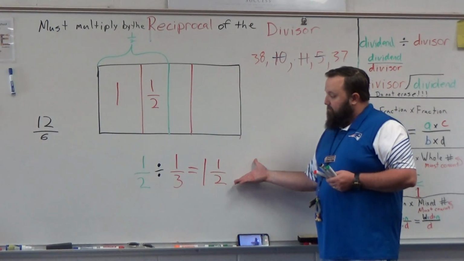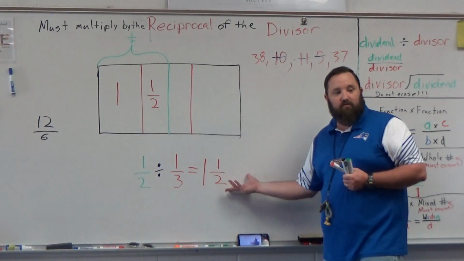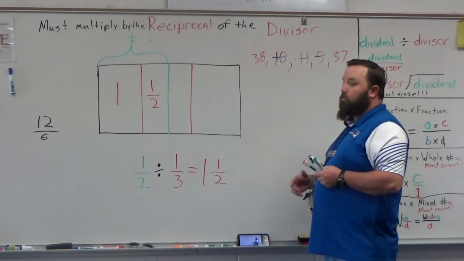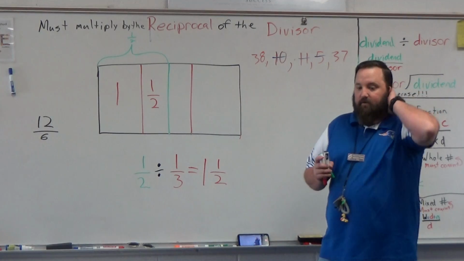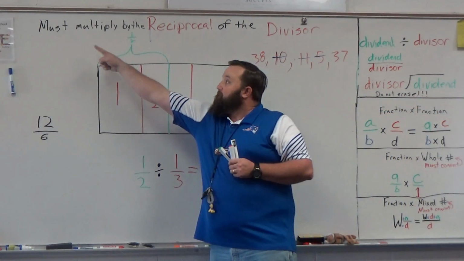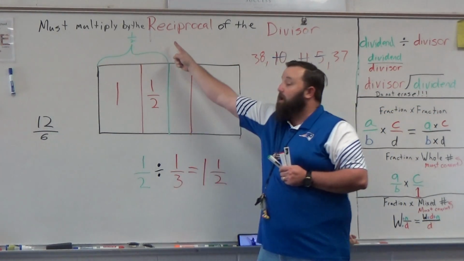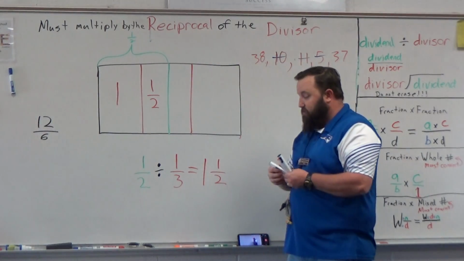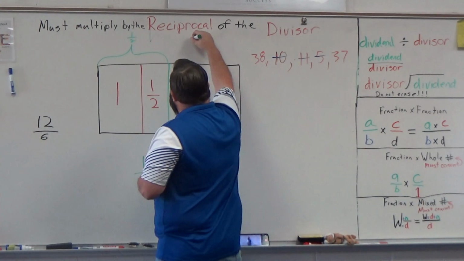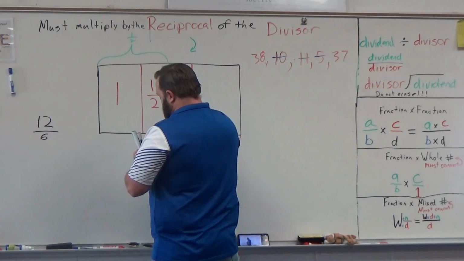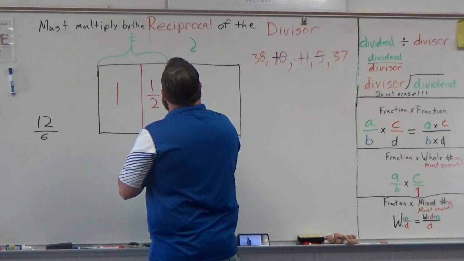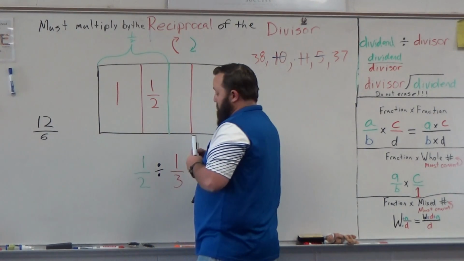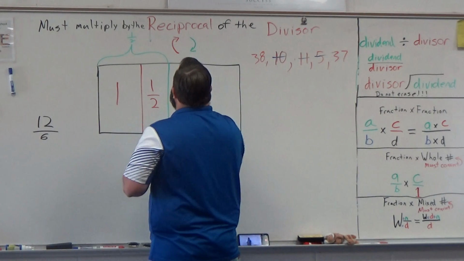Now, mathematically, how would I solve this sentence? We know from Wednesday, whenever we divide, we must multiply by the reciprocal of the divisor. And just to remind you guys, reciprocal is when my numerator becomes my denominator and my denominator becomes my numerator of a fraction.